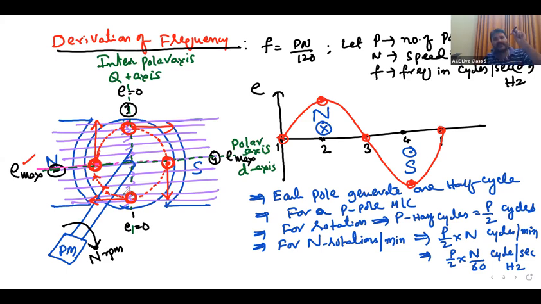But when the conductor is along the quadrature axis, it moves parallel. So when the conductor is along the direct axis or under the pole, EMF is maximum. But along the quadrature axis or in between the poles, EMF will be zero.